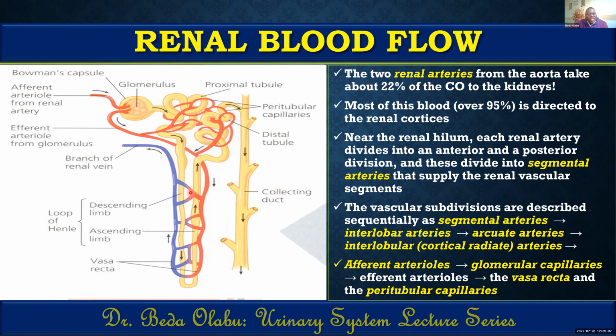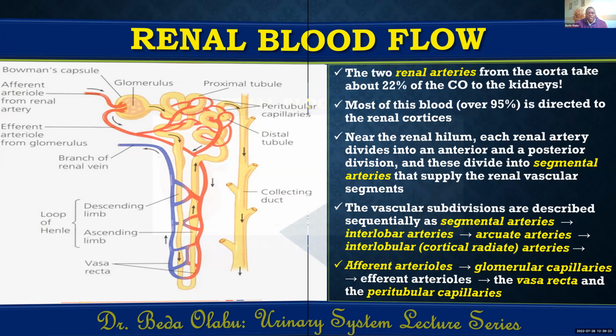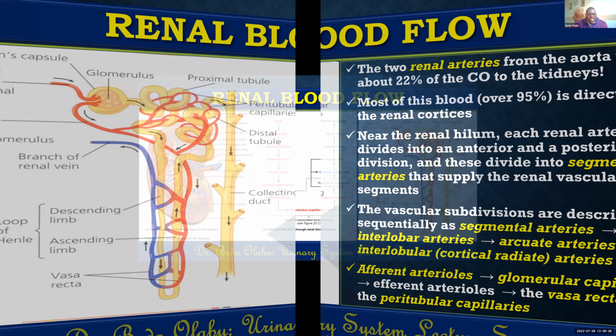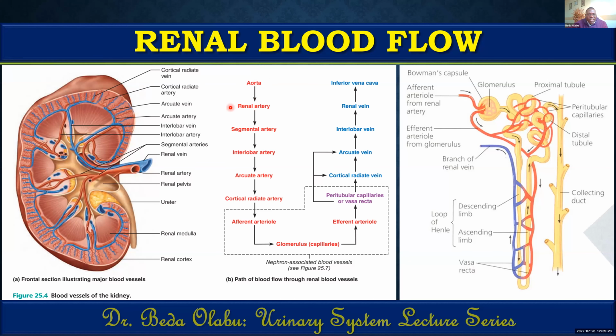They are still capillaries anyway. So from those capillary networks, the veins join again, reconstituting eventually in the same reverse pattern until we have the renal vein, which enters into the inferior vena cava. So this image summarizes that story from the renal artery.